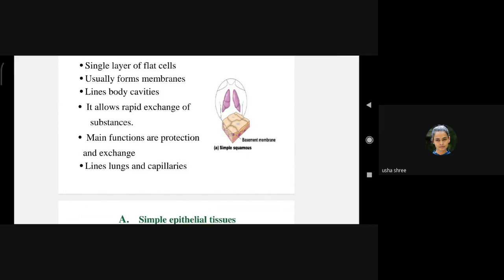It lines lungs and capillaries. Mainly we can find squamous epithelium in lungs and capillaries. You guys know what capillaries are? Blood vessels, ma'am. Yeah, fine blood vessels, very small branches of blood vessels.